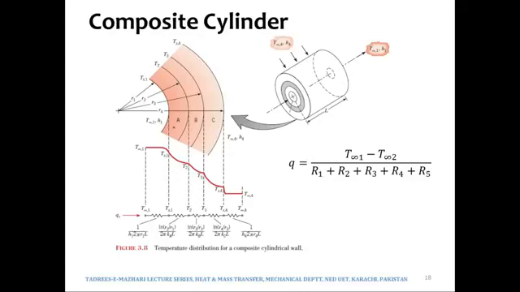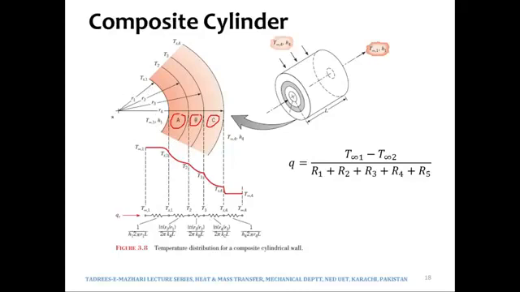One is the steel itself and the other one is the insulation. Over here, this composite cylinder consists of three materials, A, B and C. So A would have a thermal conductivity of Ka, B would have a thermal conductivity of Kb and C would have a thermal conductivity of Kc.